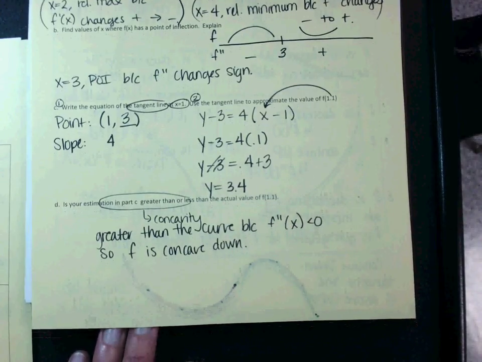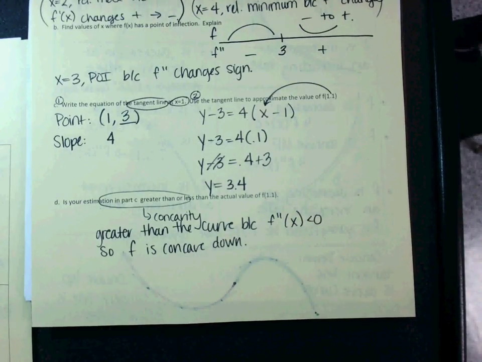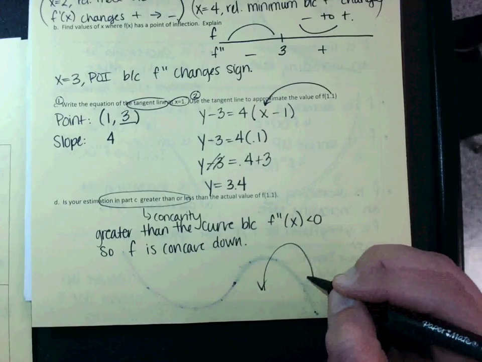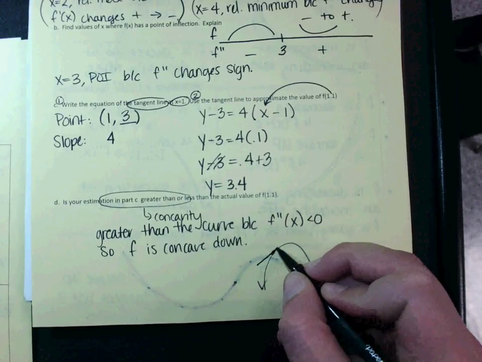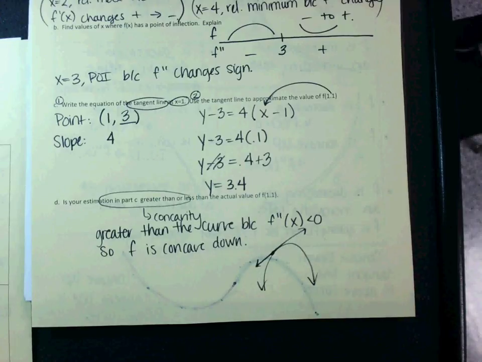If f double prime is less than 0, that means my graph is concave down, and if I have a concave down graph, no matter where I draw my tangent line in, it's going to cut above the actual curve.